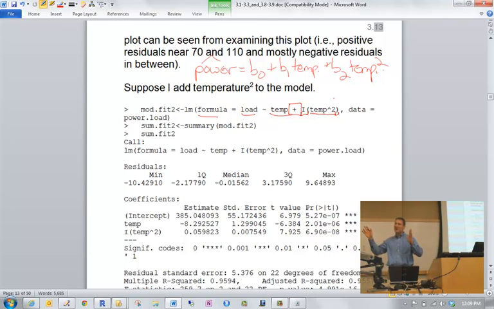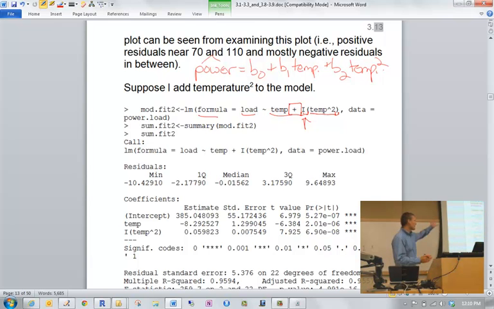Sorry to say this again, but wait till Chapter 8. For now, believe me, you need to have the I function around it. Sorry, we can't talk about everything all at once. So to get the square term there, you need the I function.